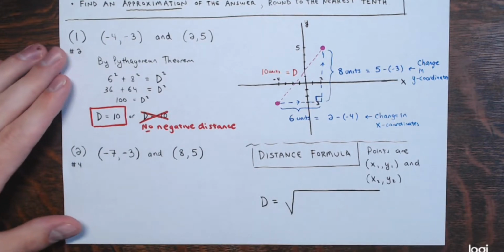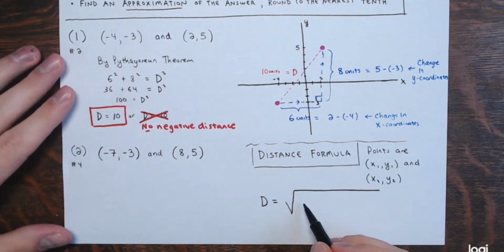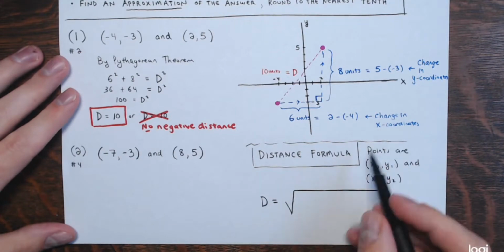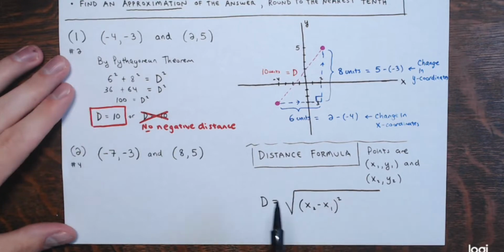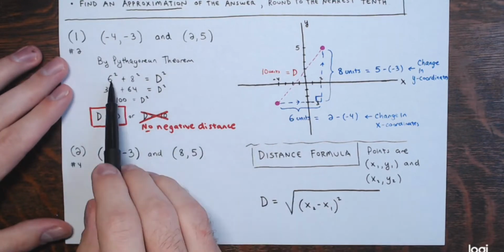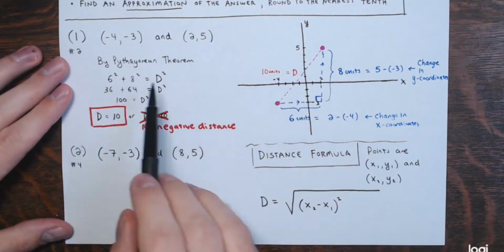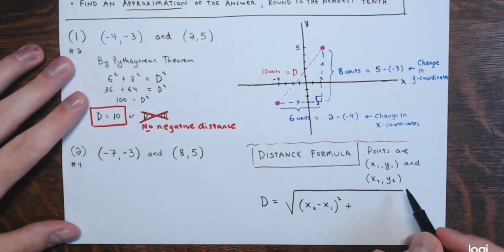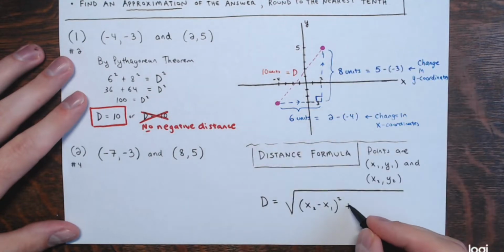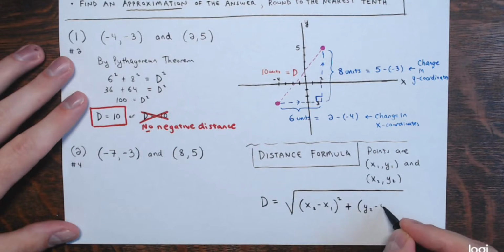The square root of the length of that horizontal leg, which is the change in the x-coordinates, right? So subtract the x-coordinates, x2 minus x1, and squared. It was that 6 squared, the change in the x-coordinates squared, plus the same thing for the vertical leg, the change in the y-coordinates squared, y2 minus y1 squared.